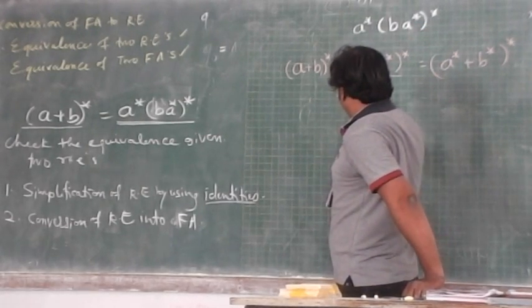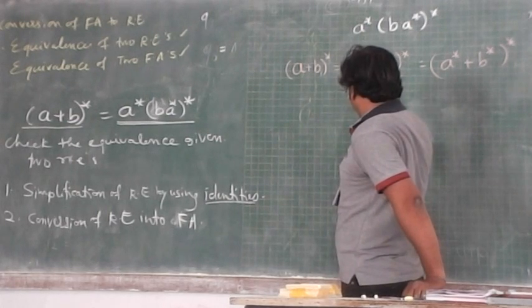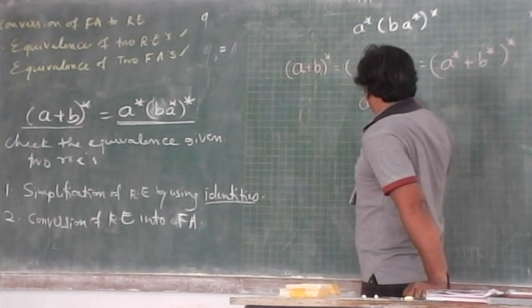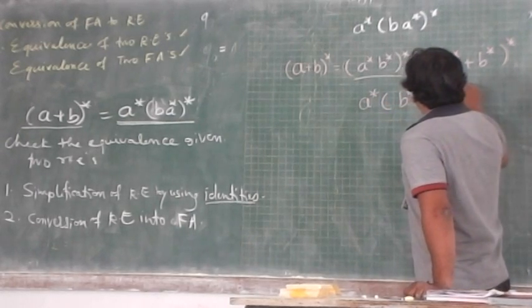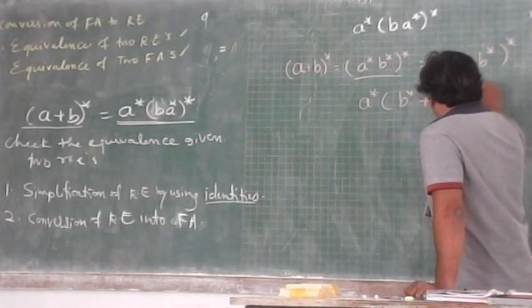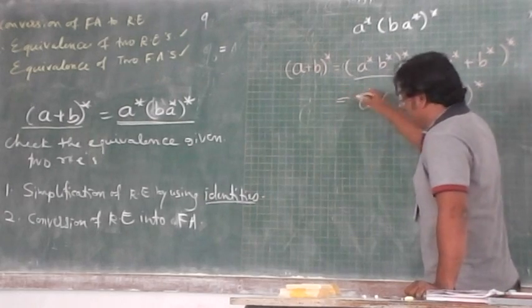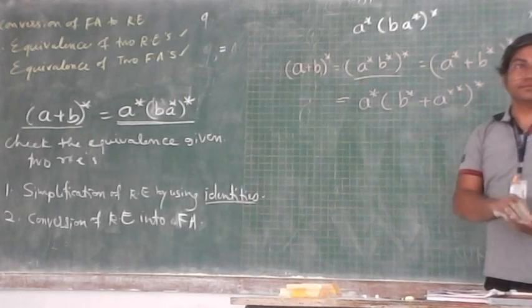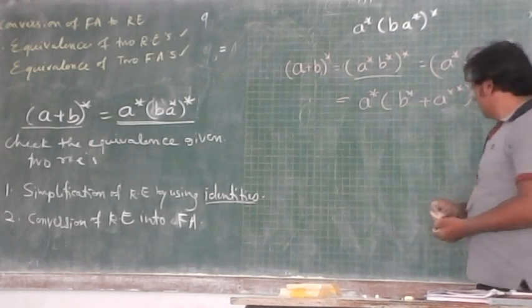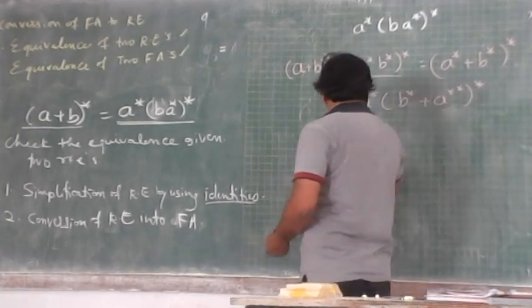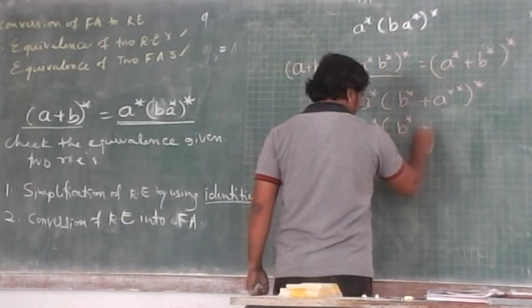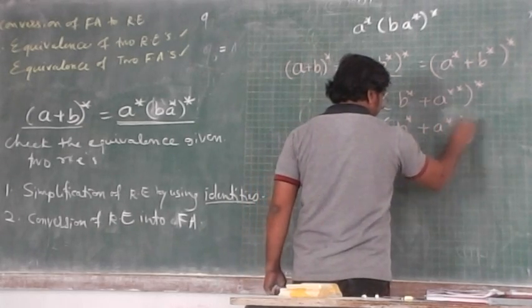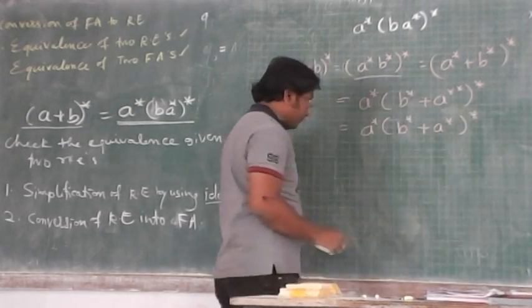By applying this particular identity, I can get A star, (B star plus A star) star. So this is equal to A star, (B star plus A star) star.